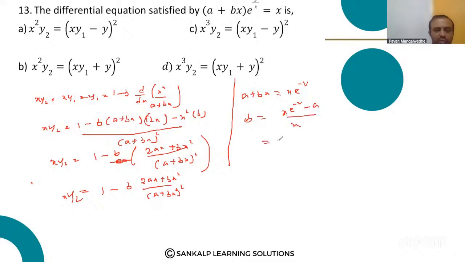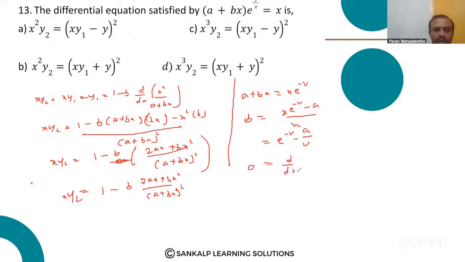So which is equal to e raised to minus v, e raised to minus v minus a by v. Okay. So now differentiate this equation with respect to x. It will become constant p is equal to 0.